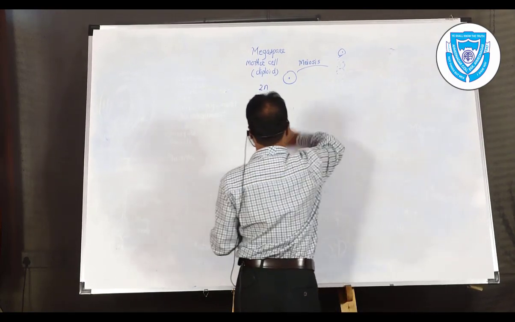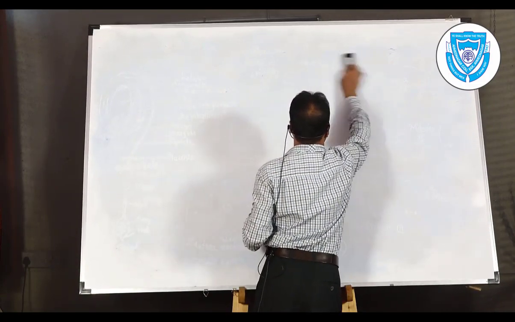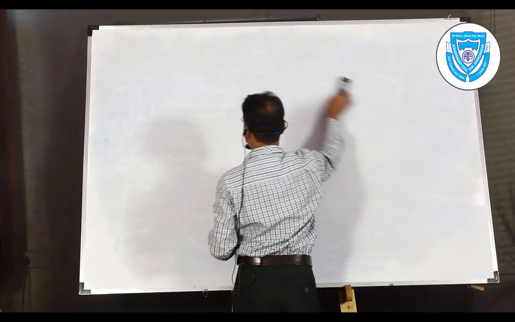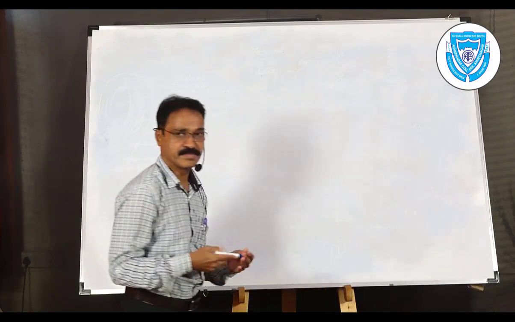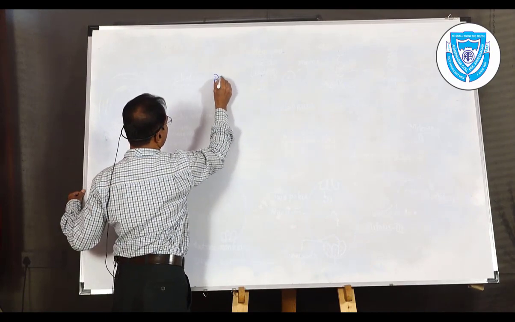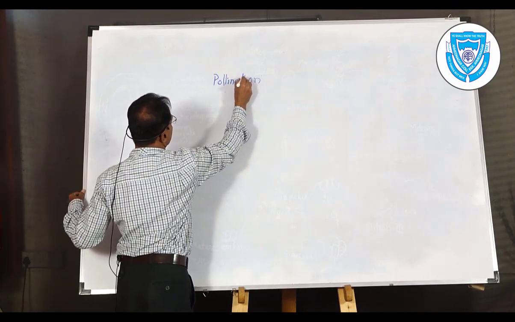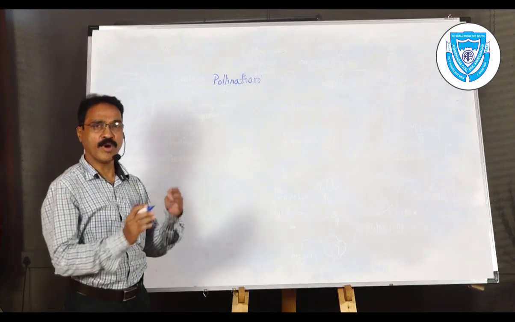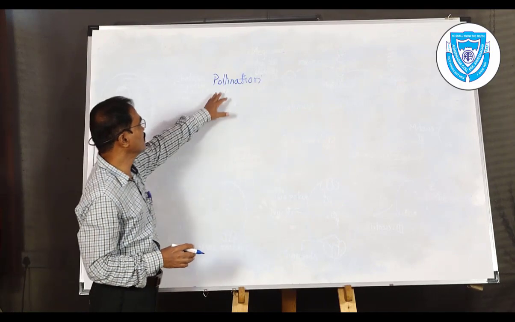They cannot move, and hence they are brought together by the process called pollination. It is called pollination. So pollination is the step previous to fertilization.